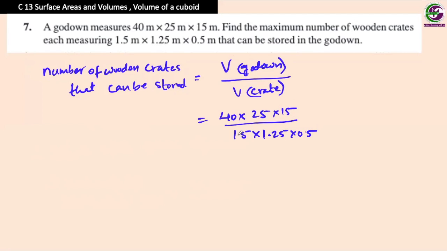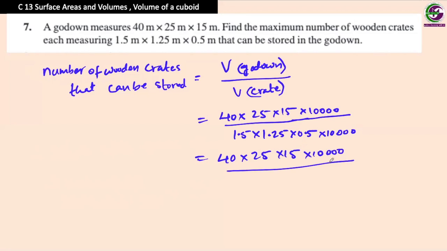At first, it's always easy to get rid of the decimal from the denominator. We have, after the decimal, 1, 2, 3, 4 digits. So we can multiply numerator and denominator by 10,000 so that we don't have decimal in the denominator now. Divided by 15 times 125 times 5. This will give us 5.